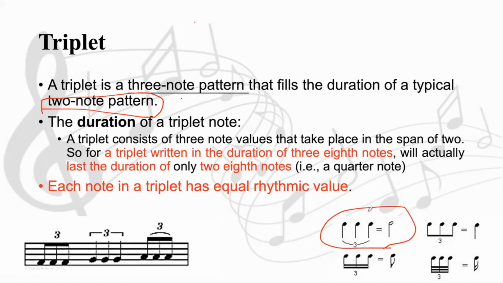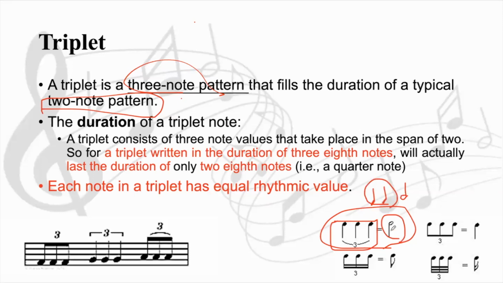Here we have a 3-note pattern. We have a triplet here that is formed by 3 quarter notes. But actually, the so-called typical 2-note pattern is these 2 notes, right? So these 2, the duration will be the same as a half. So here we have a half.